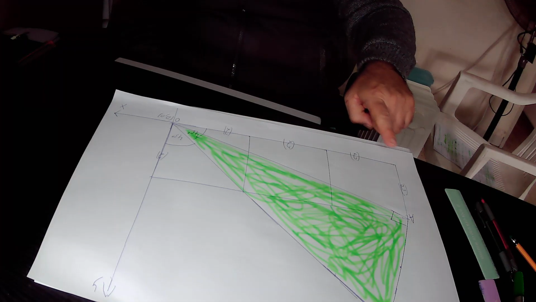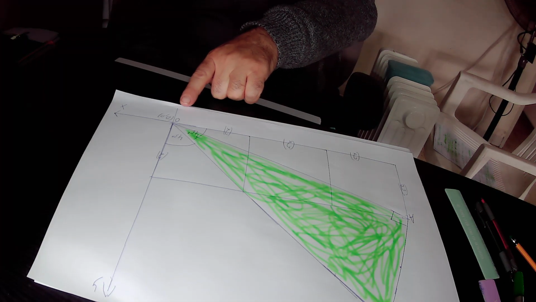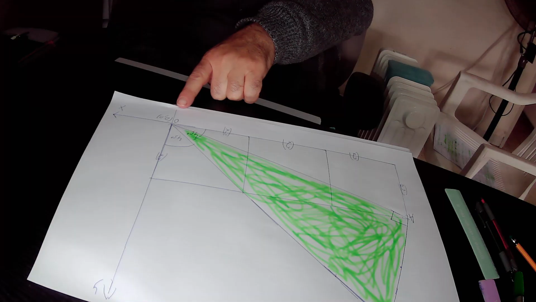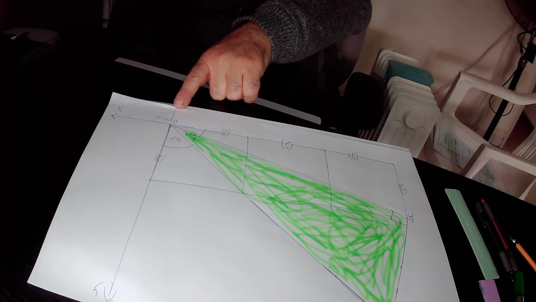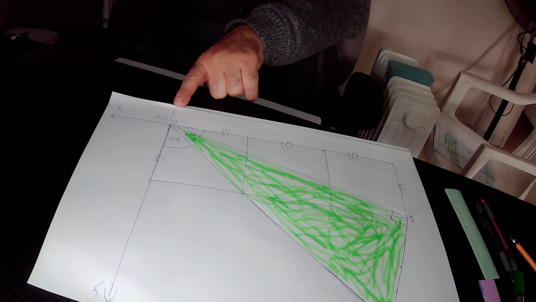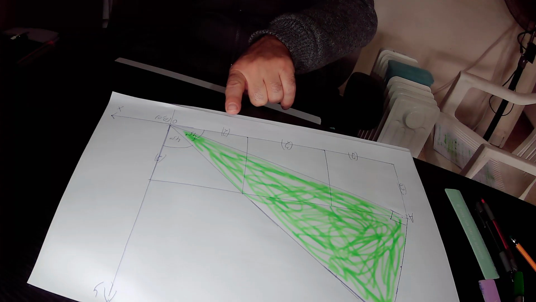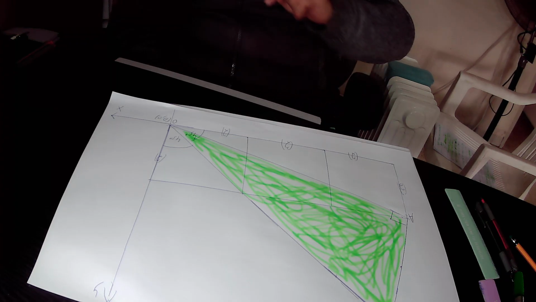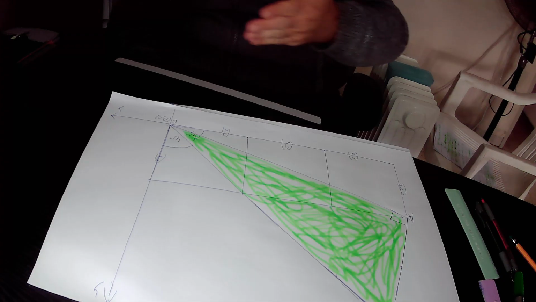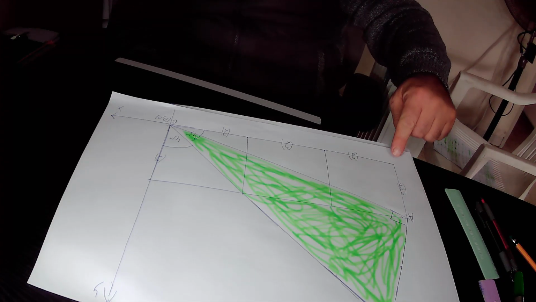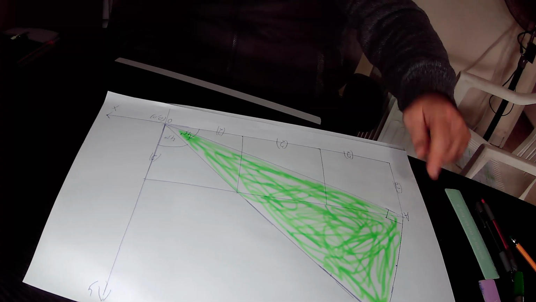From point O, where x equals 0, we move left along the negative x-axis 2 steps, plus 2 steps, plus 2 steps, in total 6 steps. Therefore the coordinate x of point A must be equal to minus 6.